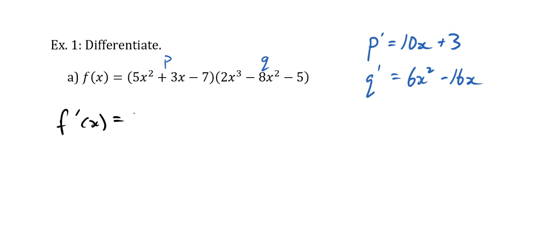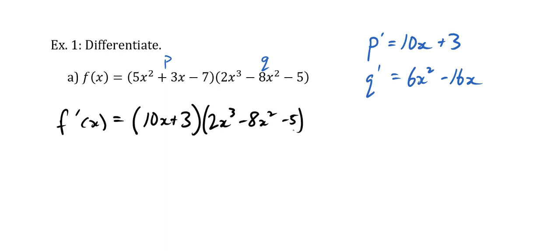Derivative of the first, so P prime, which is 10x plus 3, times the second, 2x cubed minus 8x squared minus 5, plus the first, 5x squared plus 3x minus 7, times the derivative of the second.